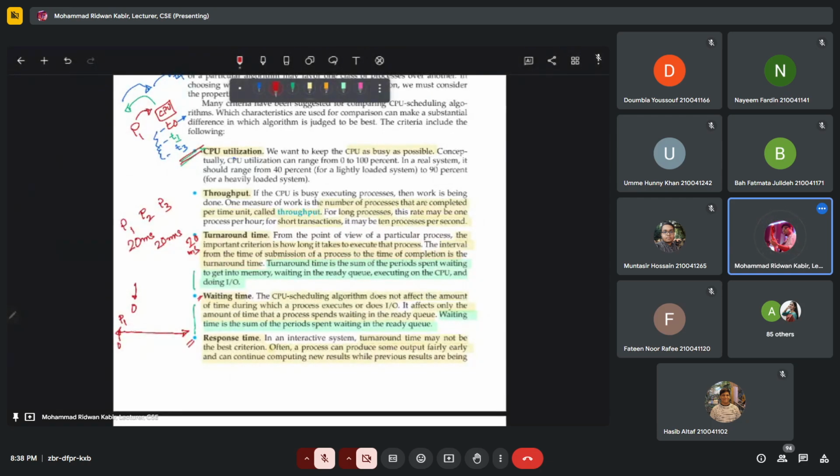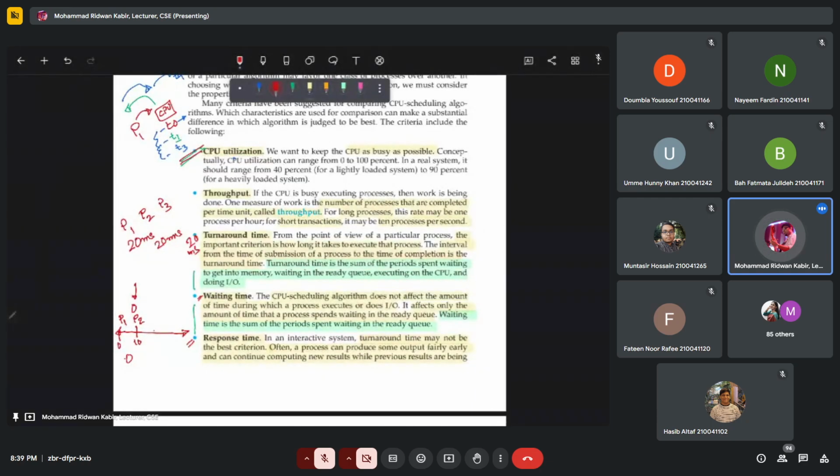Now let's say at time 10, process P2 arrives. Let's say that P2 is a higher priority process, and you have to preempt process P1 because it is currently executing in the CPU. So initially the waiting time for process P1 was 0. Now P1 is swapped out and P2 is given the CPU.